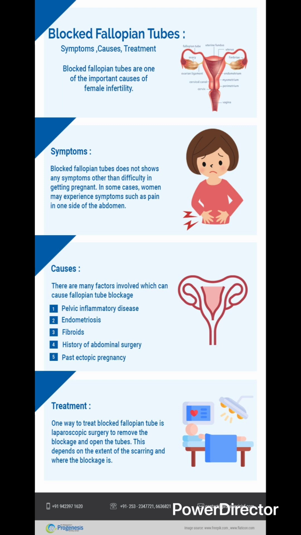Treating underlying infections and endometriosis is essential to prevent progression. So, what are the treatment options? Surgical correction of tubal blockages or adhesions with laparoscopic surgery or tubal cannulation, removal or repair of the hydrosalpinx, IVF, and treating underlying infections and endometriosis.